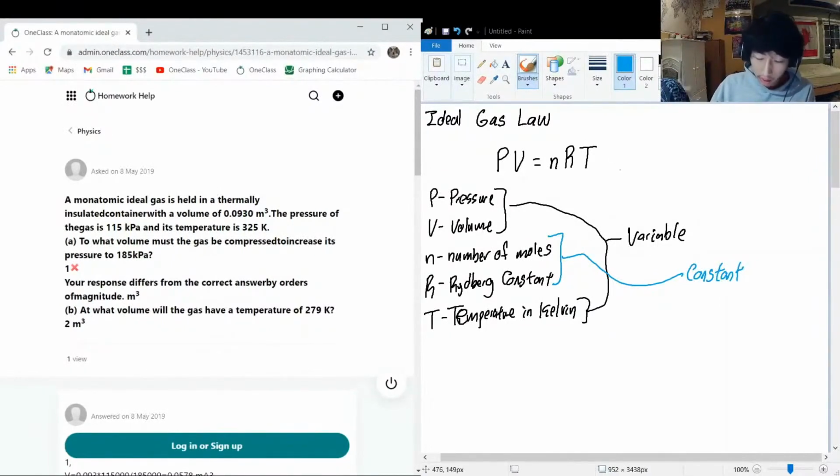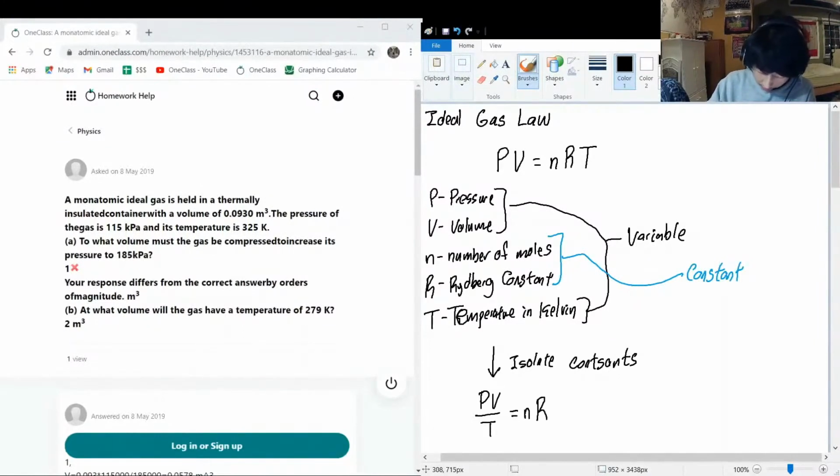So first thing that we're going to want to do is isolate the constants. So we have just n and R, so we have PV over T is equal to nR. And we're going to change these.